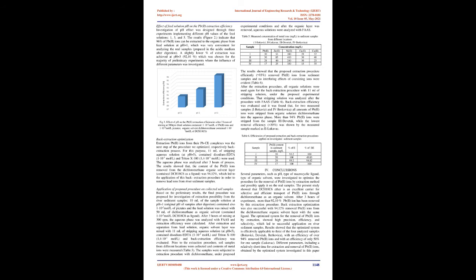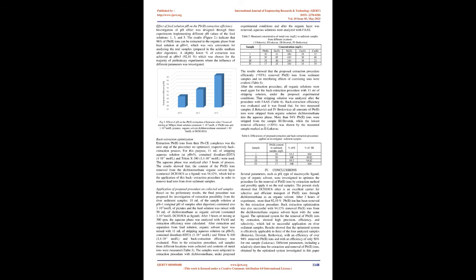The results, figure 2, indicate that 96% of Pb2+ ions can be extracted to the organic phase from feed solution at pH equals 1, which was very convenient for analyzing real samples prepared in the acidic medium after digestion. A slightly lower percent of extraction was achieved at pH equals 3, 92.10%, which was chosen for the majority of preliminary experiments where the influence of different parameters was investigated.